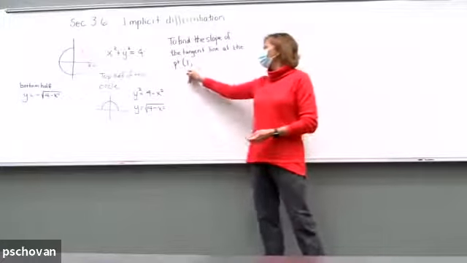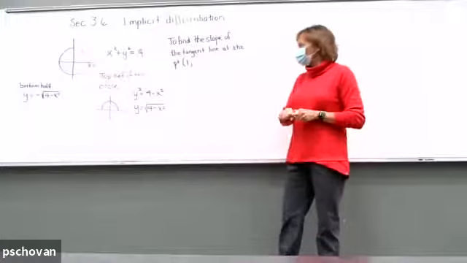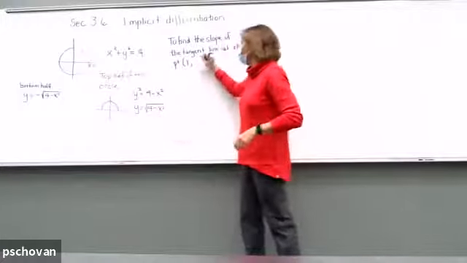When x is 1 on the top half of the circle, what's the y coordinate? Square root of 3. Put a 1 right here, we get the square root of 3.